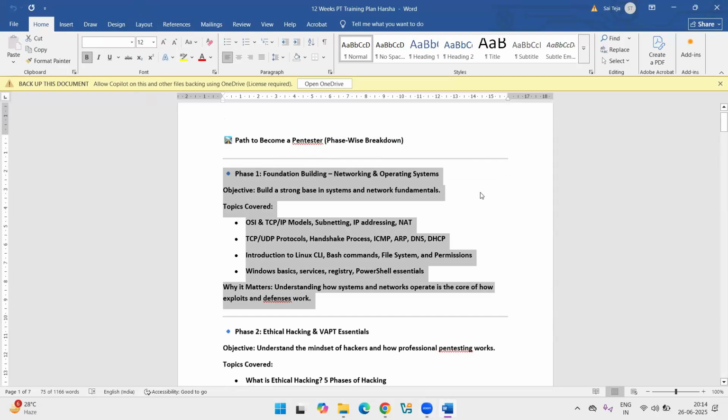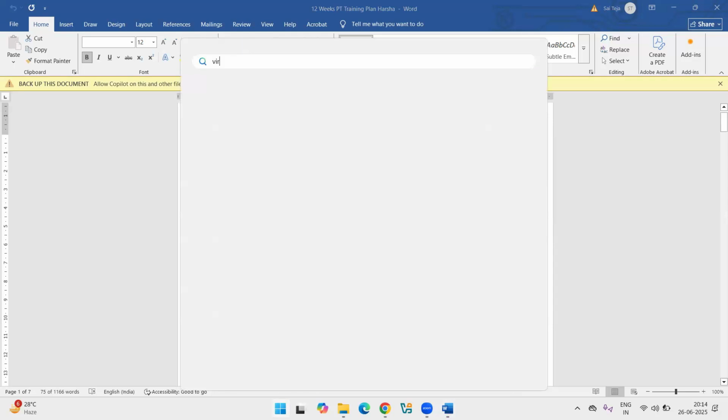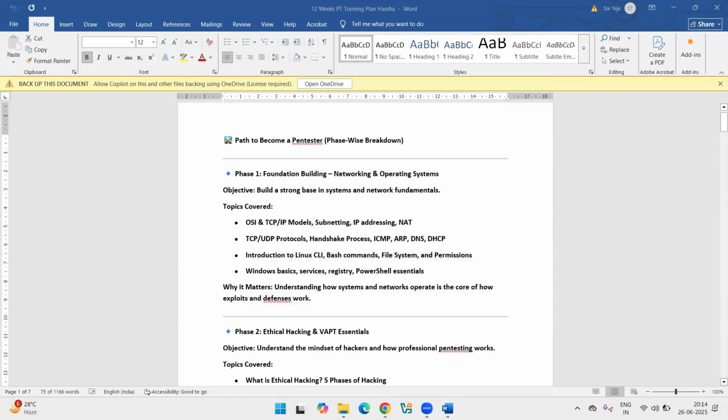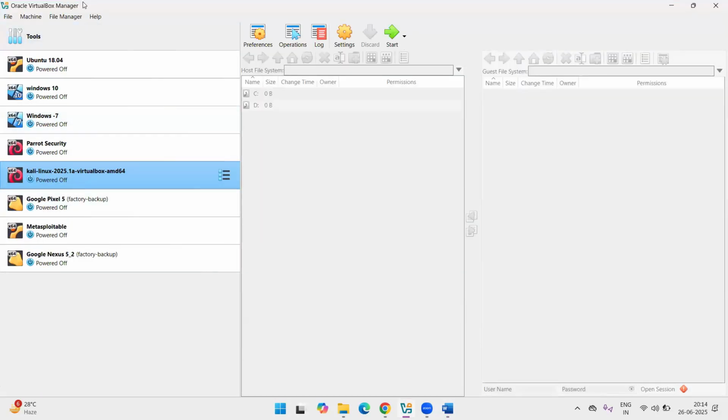Here you will learn the basic networking topics and understand operating systems like Windows and Kali Linux. You will create your own lab setup inside your local system by using virtualization technology, like VMware or Oracle VirtualBox.